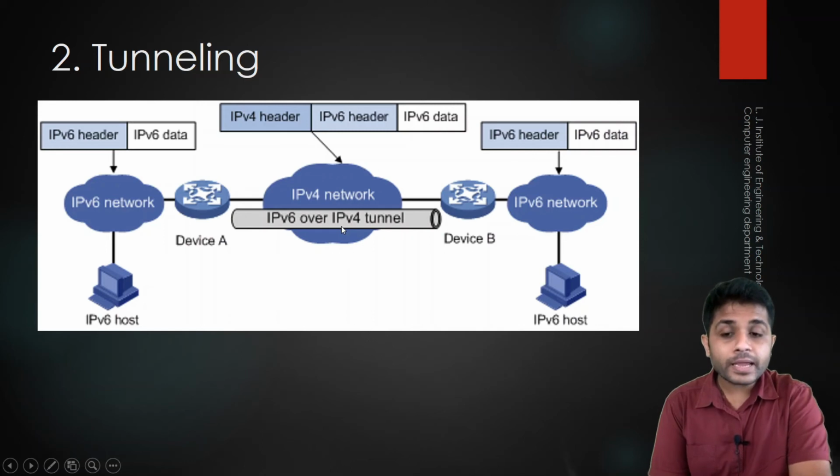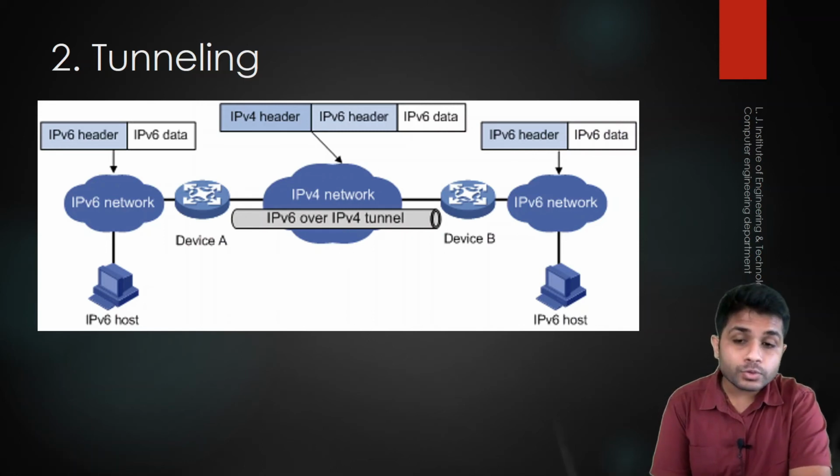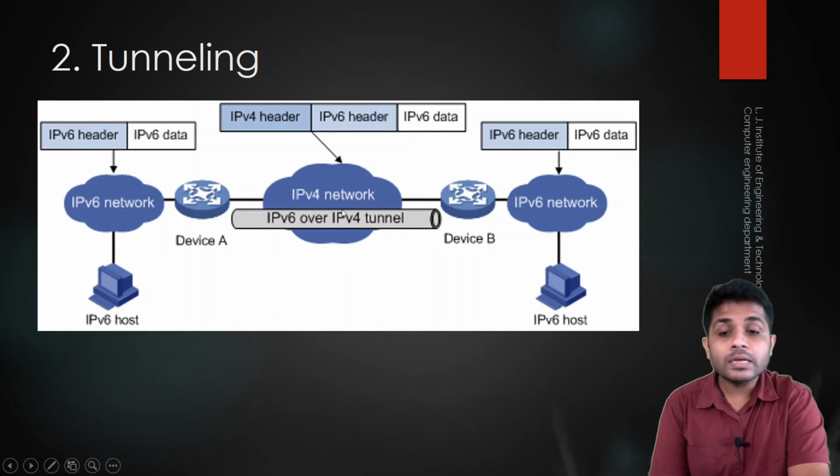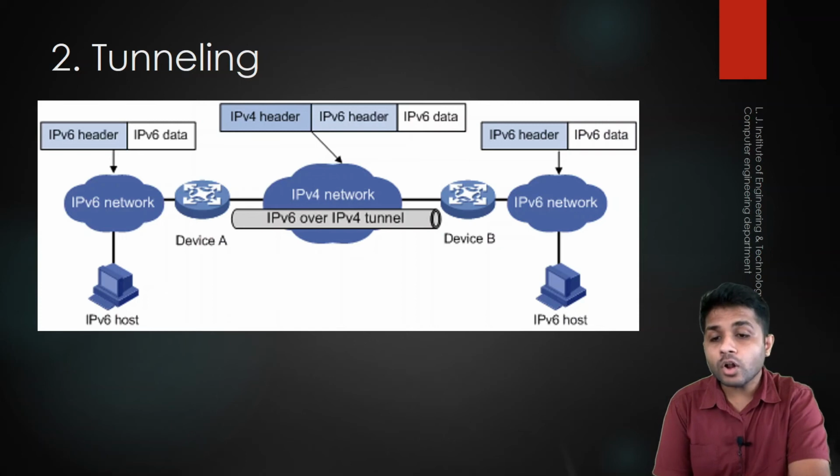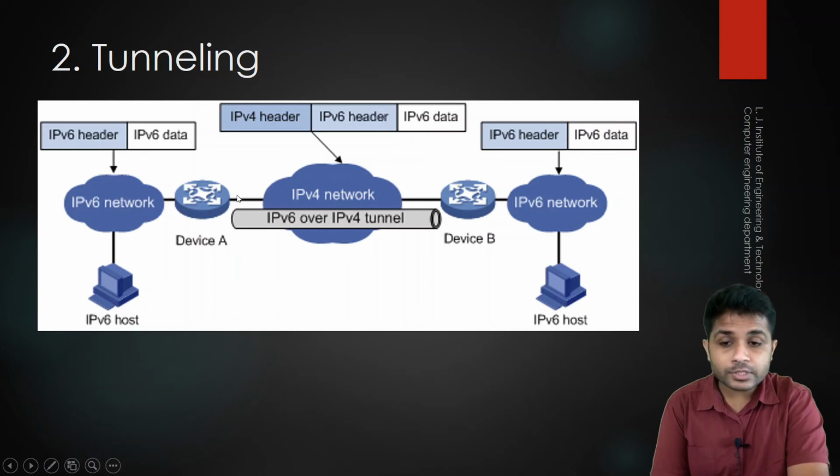And if that packet is traveling using the IPv4 network, there are routers which are using IPv4. Because it is an IPv4 network, all the routers, all the devices, all the links are using IPv4 notation. So when they receive IPv6, they won't be able to understand, right?